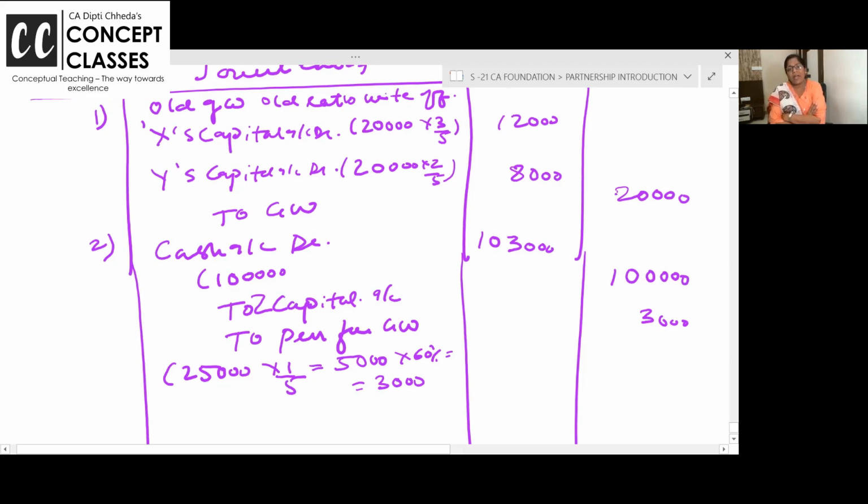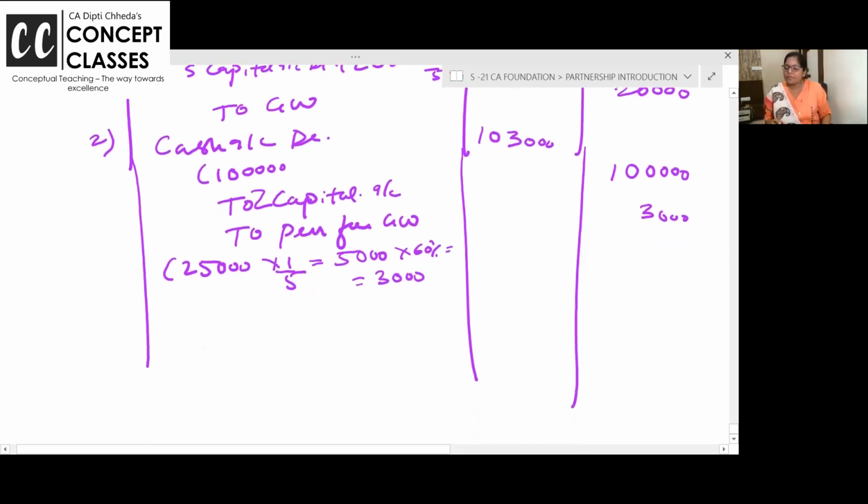That comes to 5,000. But he is getting 60% in cash, 3,000. So remaining 5,000 का 40%, 2,000 Z's capital account को debit करना पड़ेगा. You got 1 lakh capital ना, उसमें से हम goodwill ले लेंगे. Simple. Yes. Chalo.